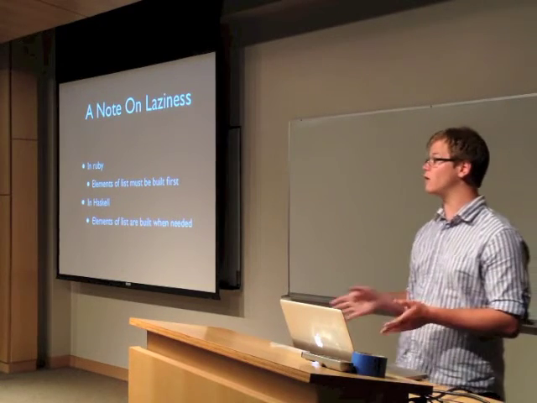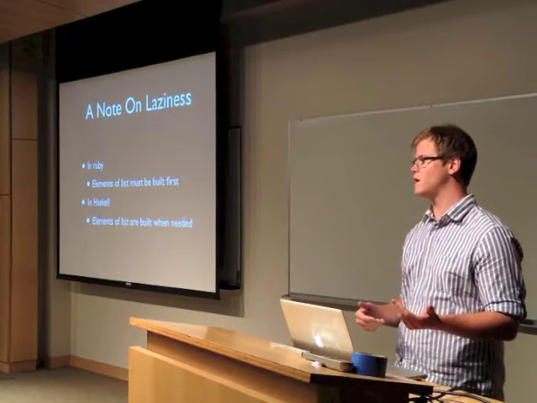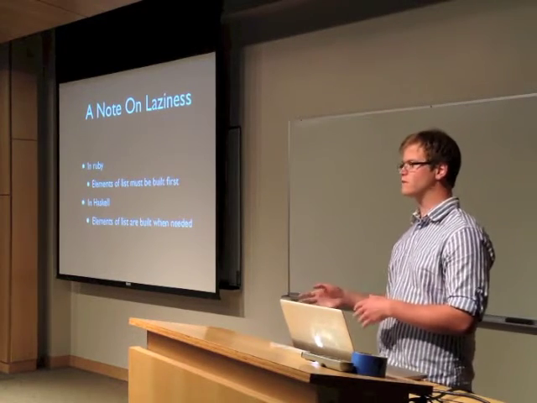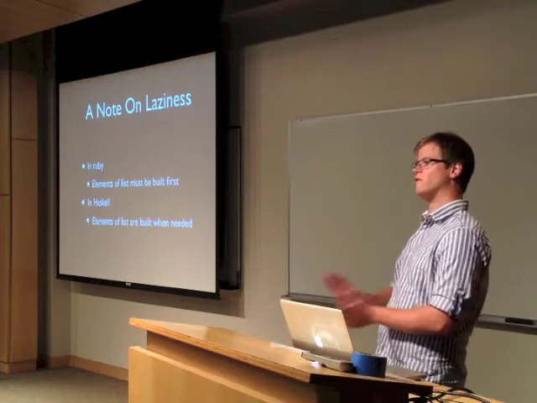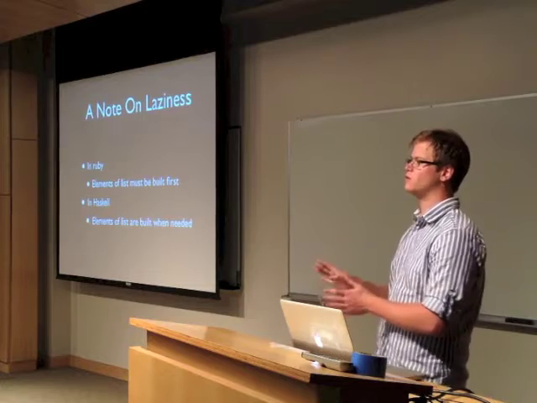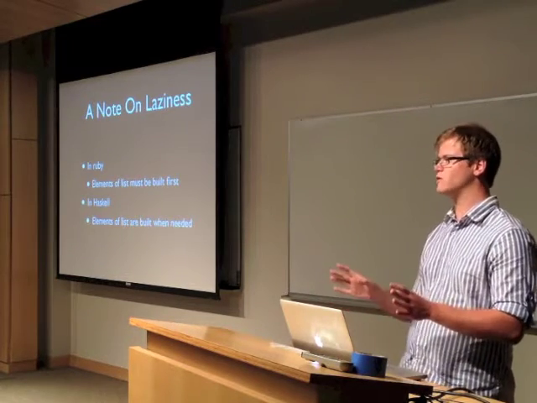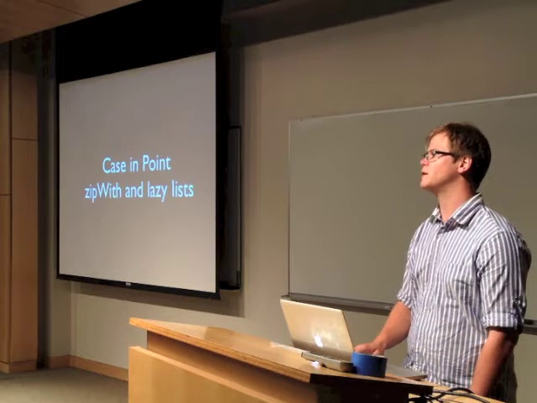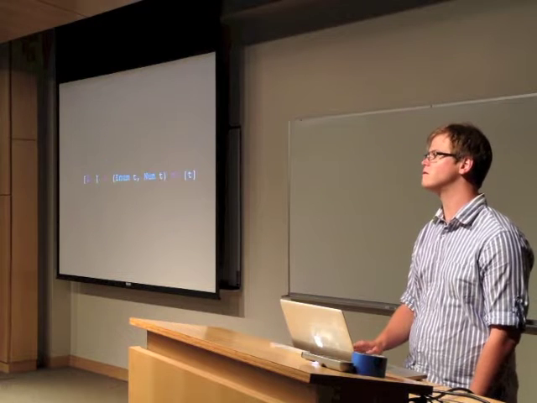It can say, I'll do it later, right? Because we're not doing anything that touches I/O. We're not printing to the screen. So Haskell feels safe to just defer. It'll say, I don't know if you want all of these values to be computed, so I'm just going to do it later. So, I'm going to show you zipWith and a lazy list.